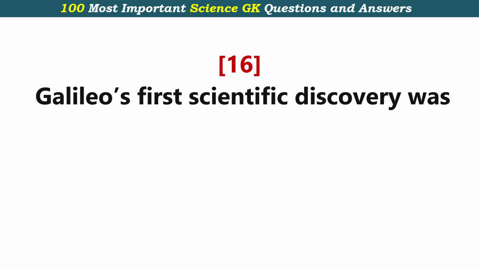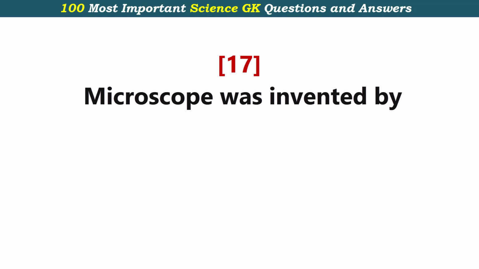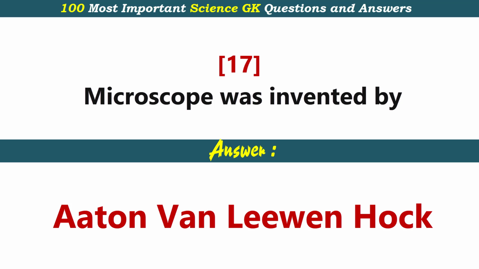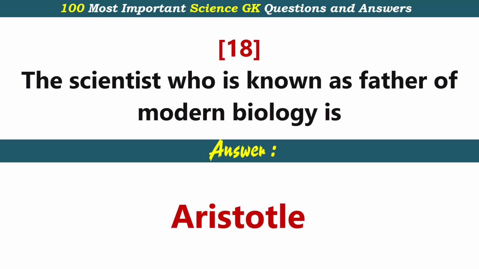Galileo's first scientific discovery was? Answer: Pendulum. Microscope was invented by? Answer: Anton van Leeuwenhoek. The scientist who is known as the father of modern biology is? Answer: Aristotle.